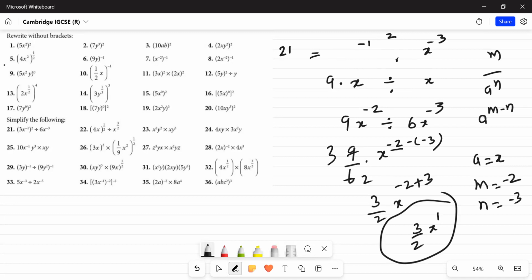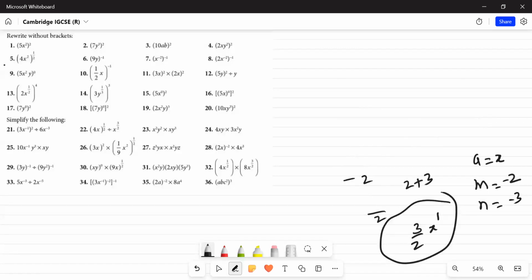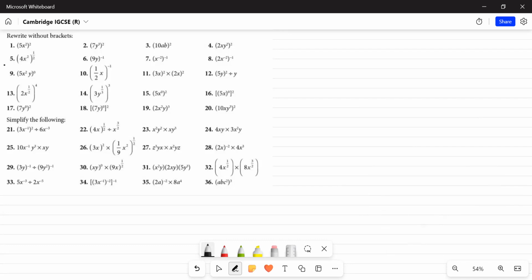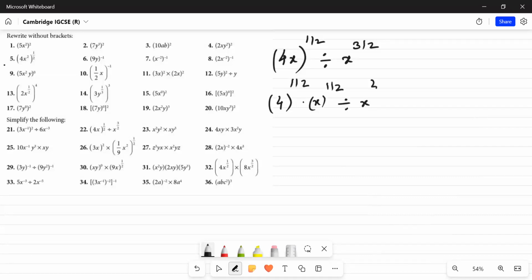Let's solve it further. 21st we have done. 22nd. 4x raised to 1 upon 2 divided by x raised to 3 upon 2. Can I write 4x as 4 raised to 1 upon 2, x raised to 1 upon 2, divided by x raised to 3 upon 2?